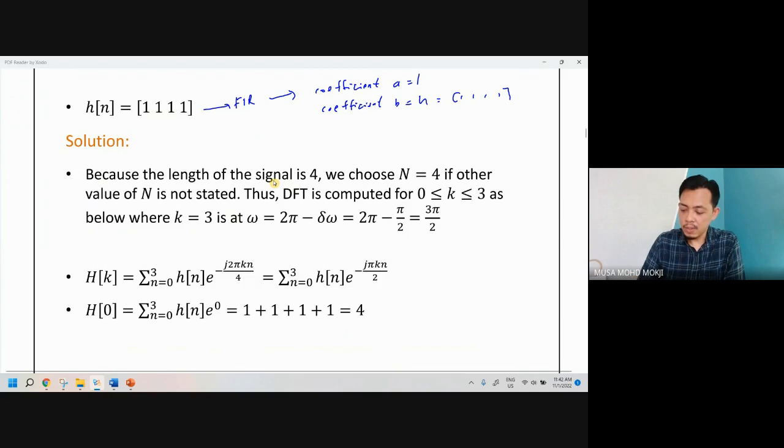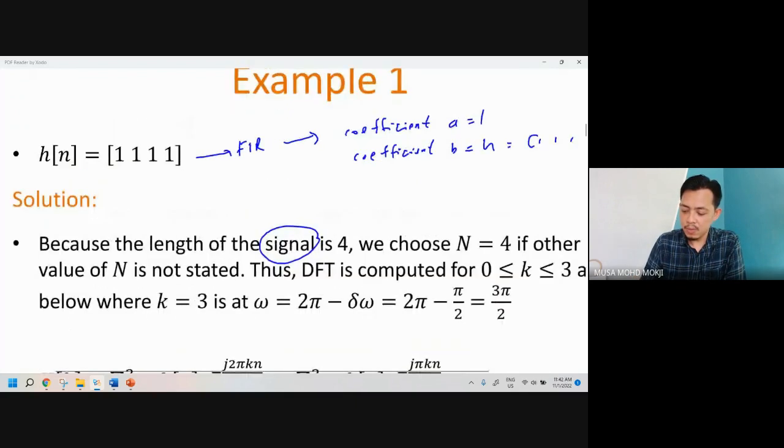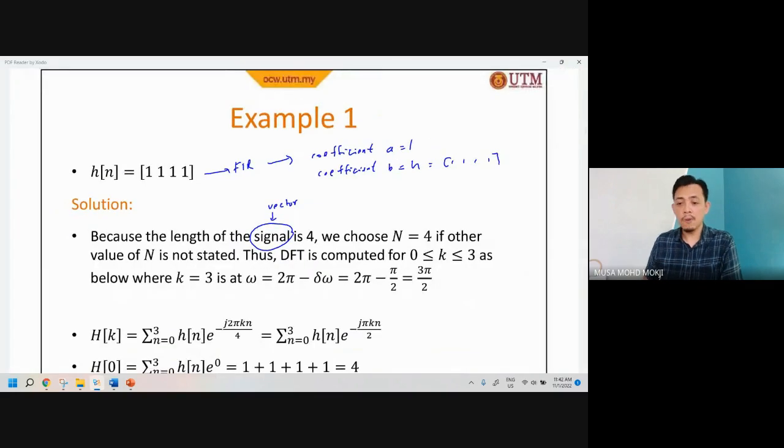Even though we call it a signal here, it actually represents a vector, so do not confuse it with the discrete-time signal x[n]. x[n] is a signal, this is a system. Sometimes we just call it a signal because it looks similar. Everything is just a vector, so you can also just call it a vector.